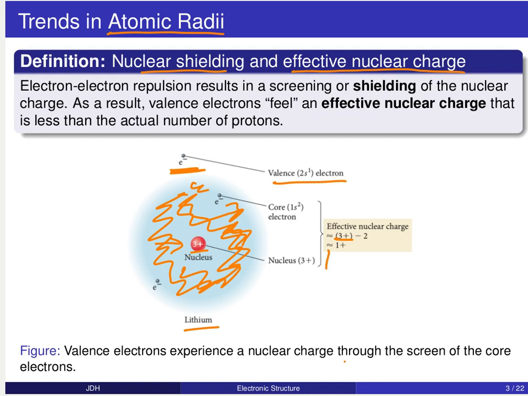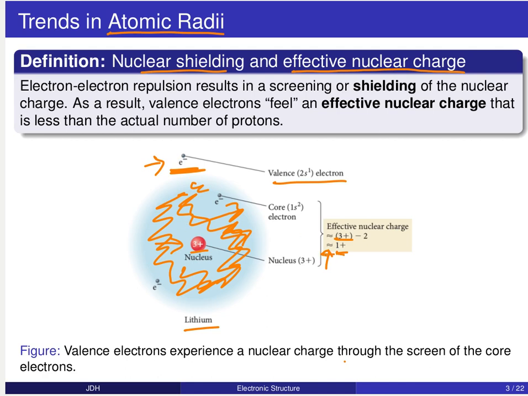Now notice, this is an approximation. Just because there's 2 electrons here does not mean that this outermost electron only experiences 3 minus 2, or +1, right? This is approximate. These electrons do not perfectly screen the charge. This outermost electron, of course, resides in an orbital, and even though it's a larger orbital, it still penetrates this core region.